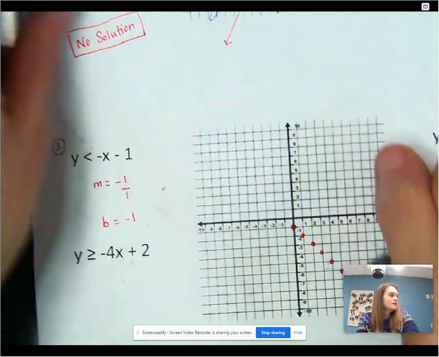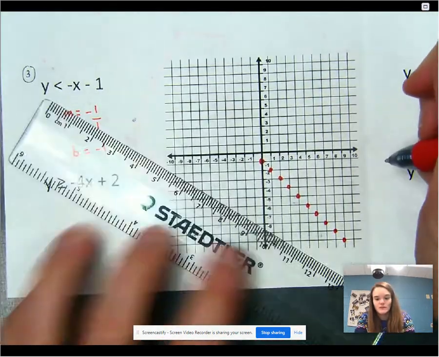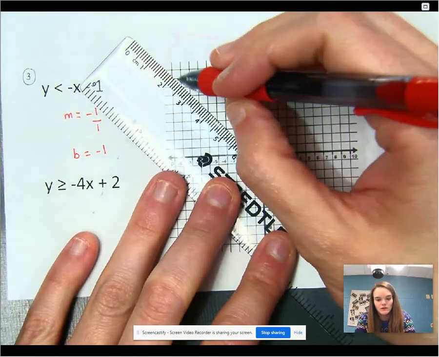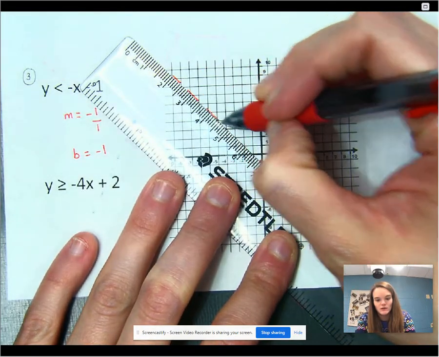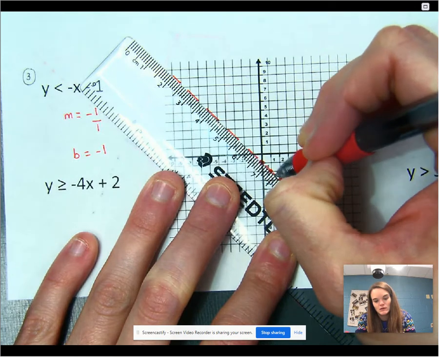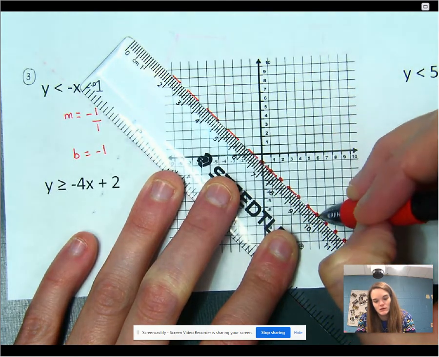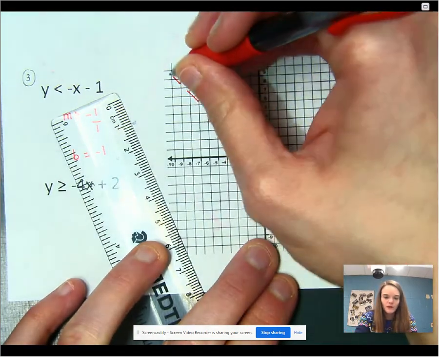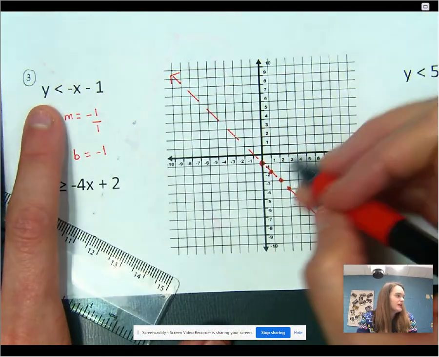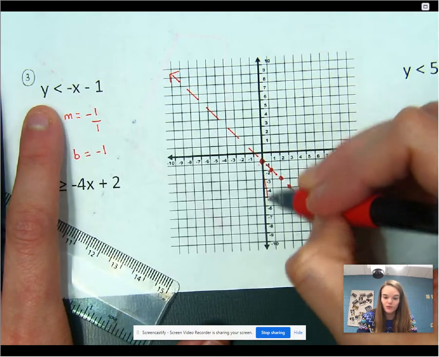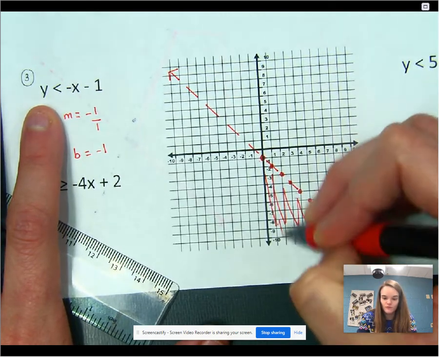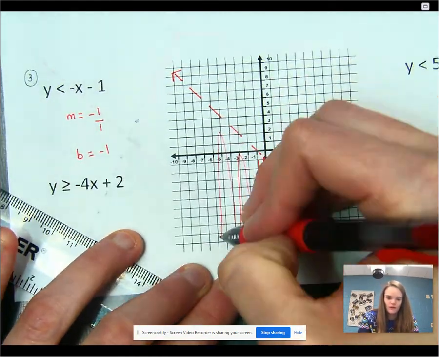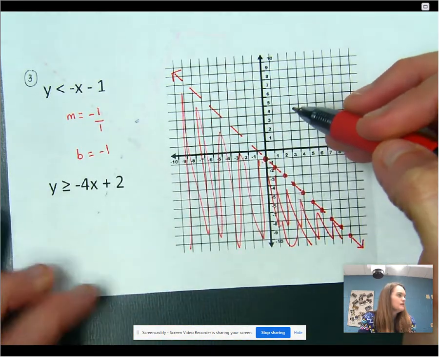There is no line, so it will be a dashed line. It is less than, so you go to the y-intercept and shade below.